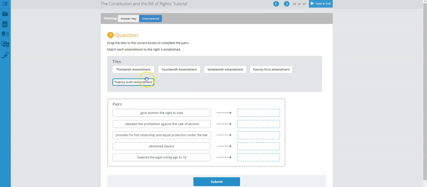You need to see which amendment actually goes with each description, and make sure that you are paying close attention to this, because you will be using a whole bunch of this information as you move forward in this class. Once you're done with this, plugging in all of these amendments, you should be able to move on and complete your other tutorials, your other unit activities.